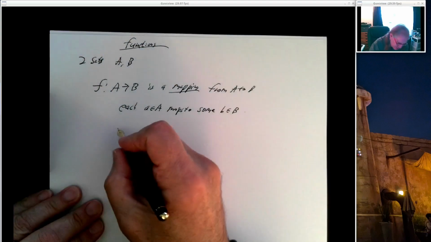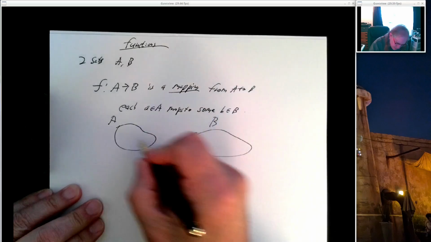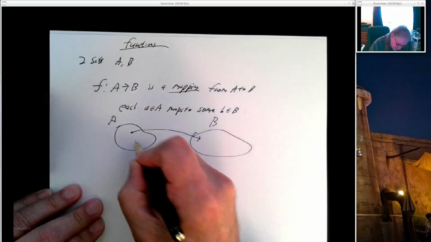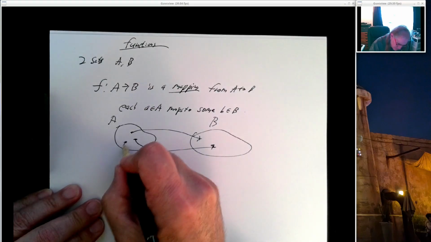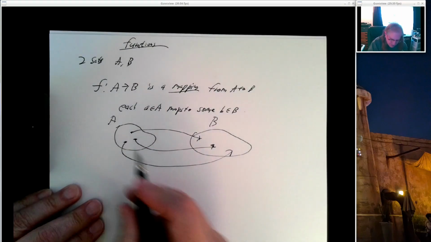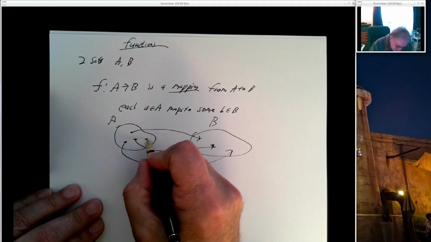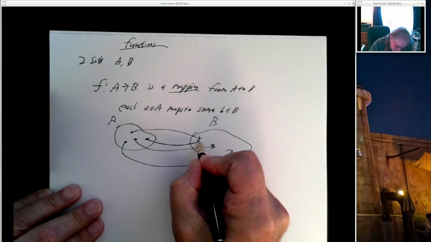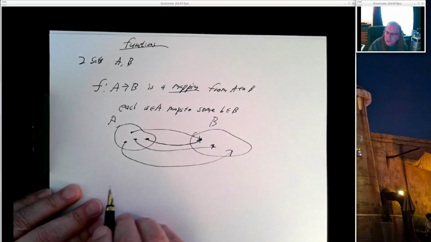And if you like pictures, we could think of it like this. Each element here goes to an element over here. It's possible that two different elements here might go to the same element here.